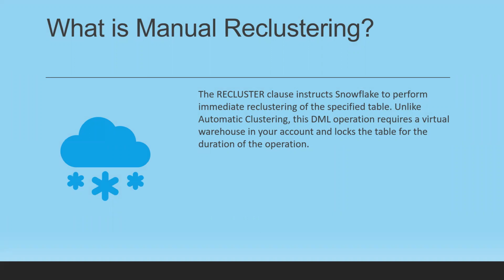The RECLUSTER clause instructs Snowflake to perform immediate reclustering of the specified table. Unlike automatic clustering, this DML operation requires a virtual warehouse in our account and locks the table for the duration of the operation. Also, after a period of significant DML activity on a clustered table that does not have automatic clustering enabled, manual reclustering may need to be performed multiple times on the table to achieve the desired results.